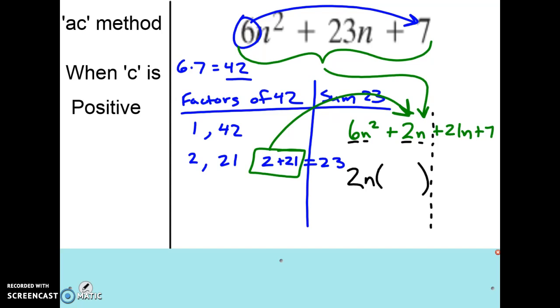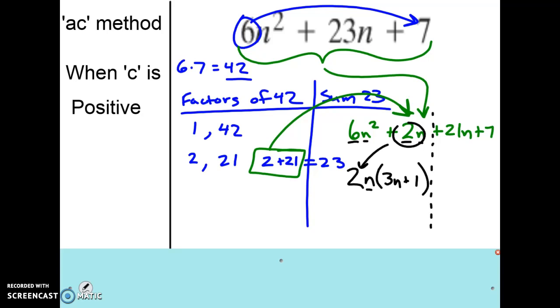So 6 divided by 2 is 3. For this n squared, one of the n's came out, so we leave an n inside. For the second term, 2n, this whole 2n got factored out, so we still need to put a +1 inside, because 2n divided by 2n would be 1.